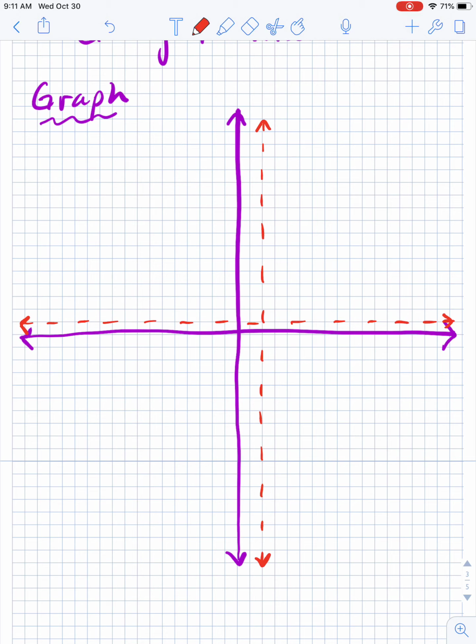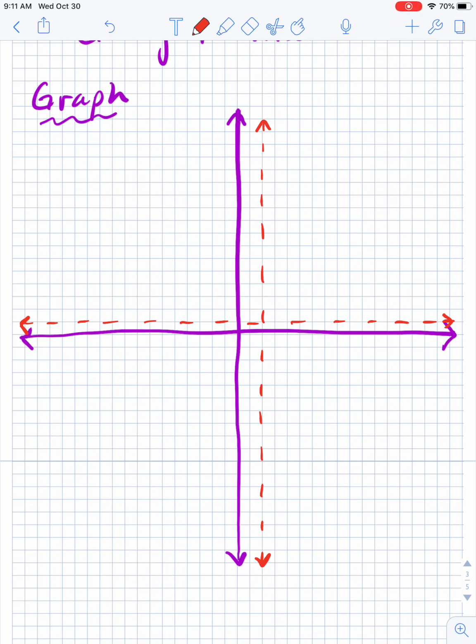What happens is that sometimes the asymptote is only for part of the function, not the entire function. So there are parts of the graph that might cross your horizontal asymptote, but it will never cross any vertical asymptotes that you have. So you should never have any part of your function crossing a vertical asymptote.